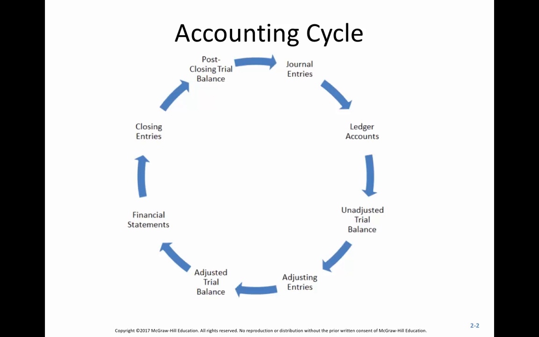Adjusting entries are really to fix up account balances, but when I say fix, I don't want to define this as fixing errors, because many times adjusting entries have nothing to do with errors. They have to happen because of the passage of time and the fact that there are some unrecorded transactions, unrecorded economic events that we need to take care of.